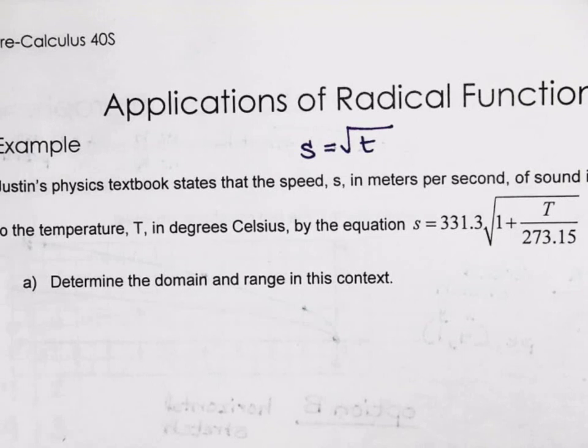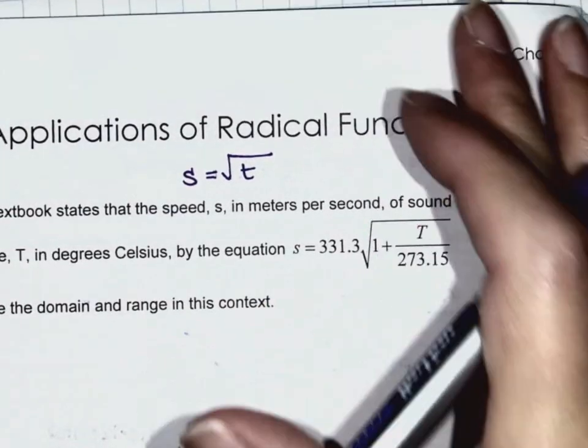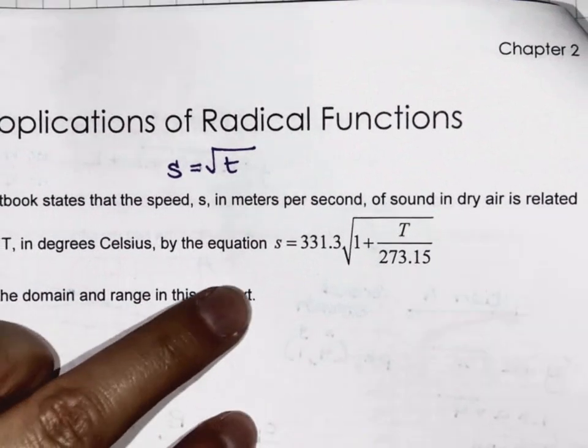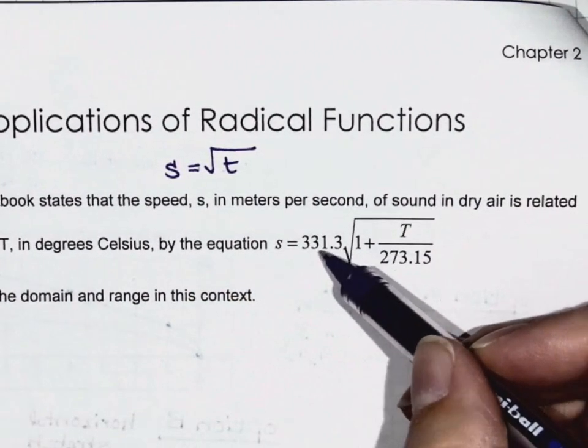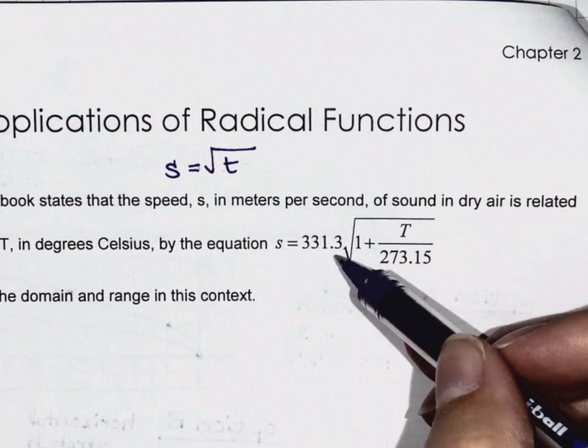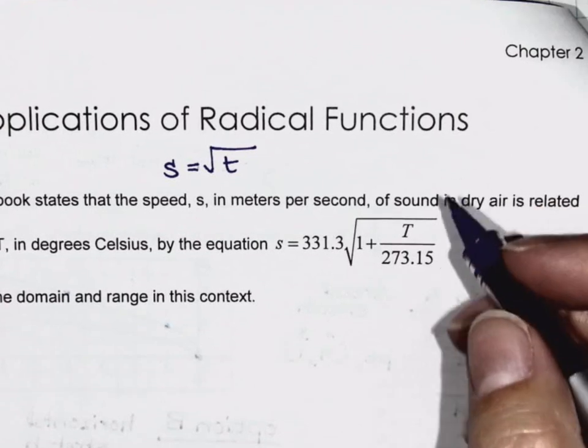All right. We got to do some unmathing to see the transformations. I'm going to go here for a sec. This one's pretty easy. What do you see right here? We got a vertical stretch by a factor of 331.3, right? That's nice and easy. We can do that.